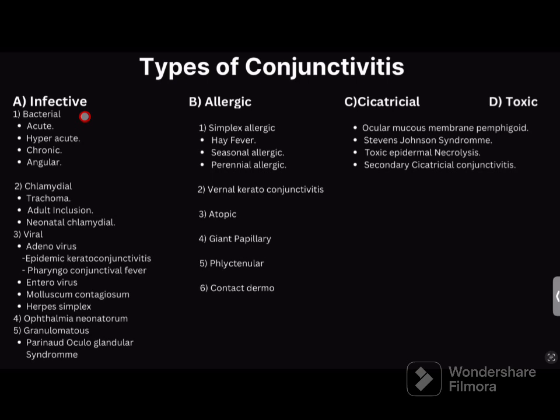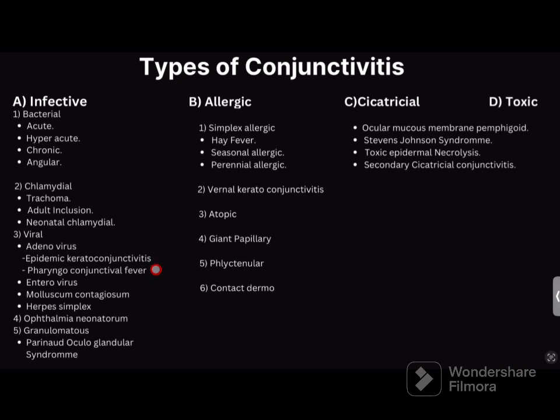The chlamydial conjunctivitis causes trachoma, the adult inclusion conjunctivitis, and the neonatal chlamydial conjunctivitis. The viral conjunctivitis, depending on the causative agent, can be divided into adenovirus conjunctivitis, which is further subdivided as epidemic keratoconjunctivitis and pharyngoconjunctival fever.